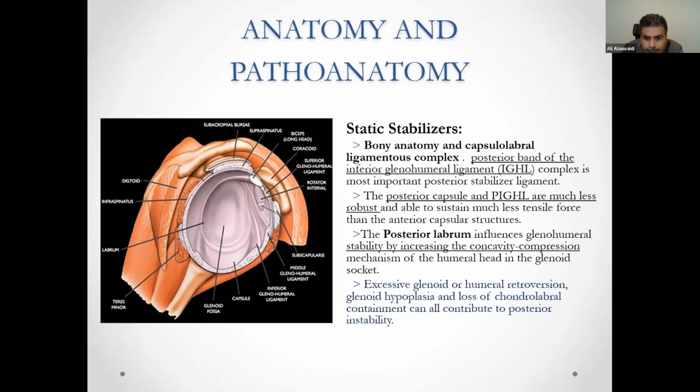Some of the things that are quoted, excessive glenoid retroversion and glenoid hypoplasia, I have not seen commonly in my population. But the importance of chondrolabral containment is one of the things that, when lost, often leads the patient to present to you.